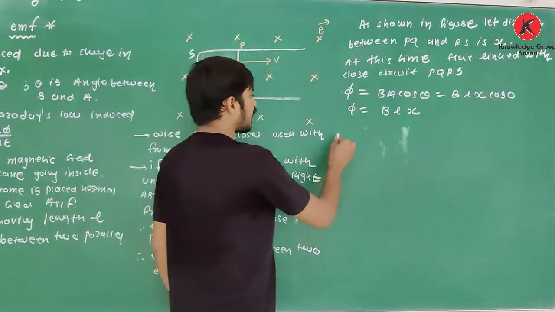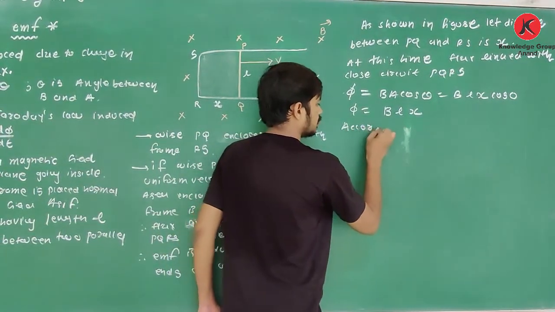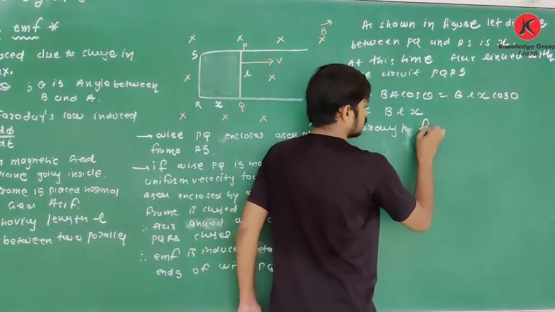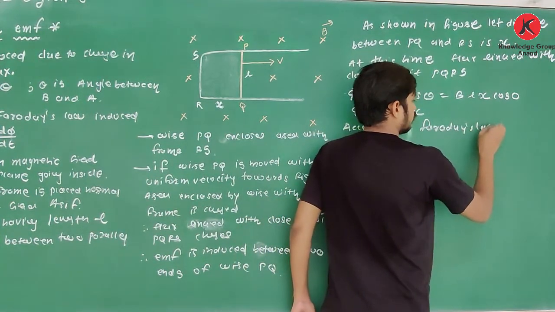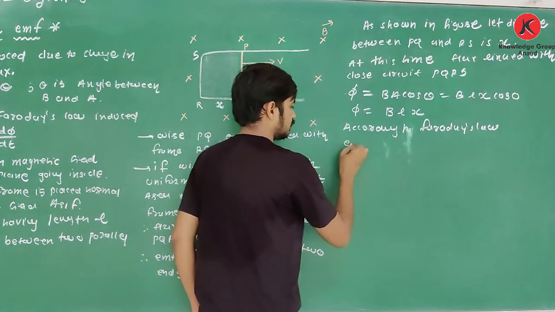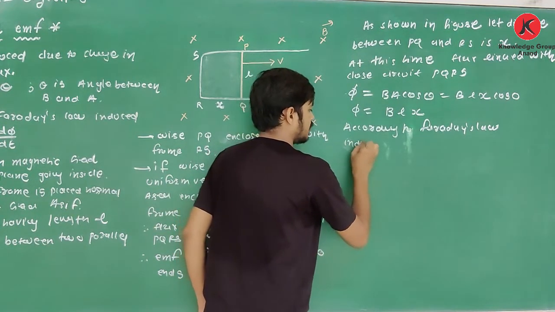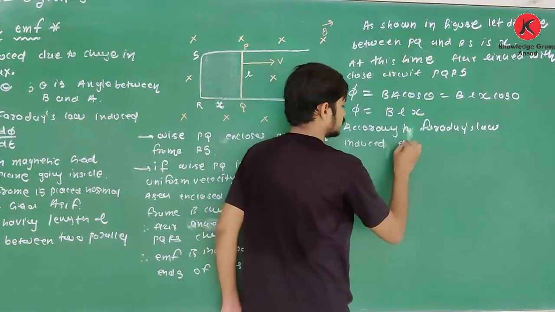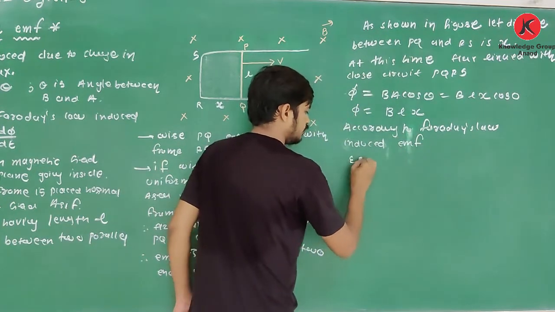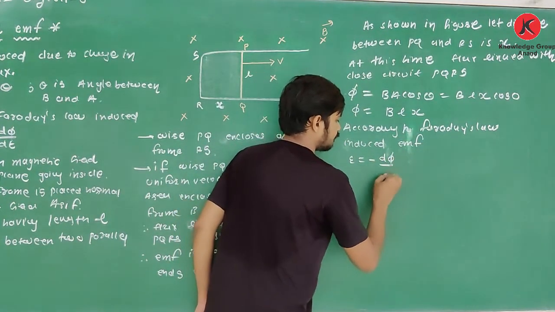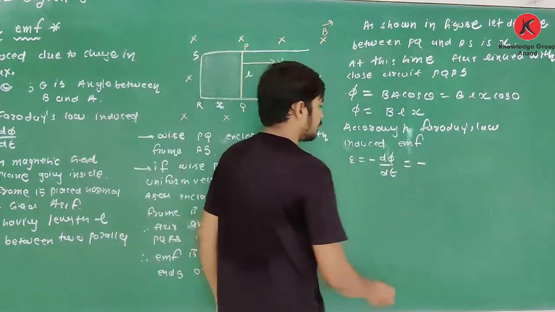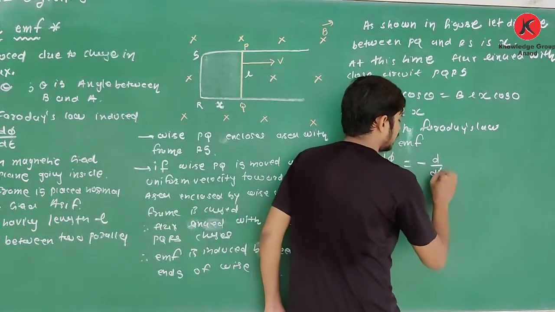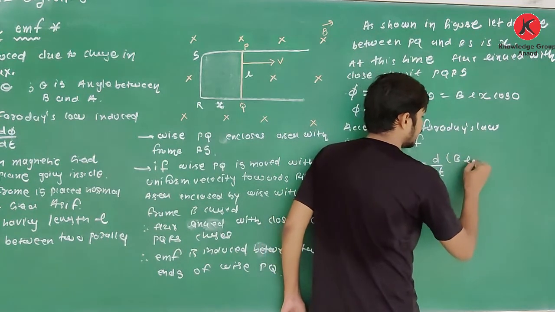Now, according to Faraday's law, induced EMF, E is equal to minus d phi upon dt, which is equal to minus d upon dt of BLx.